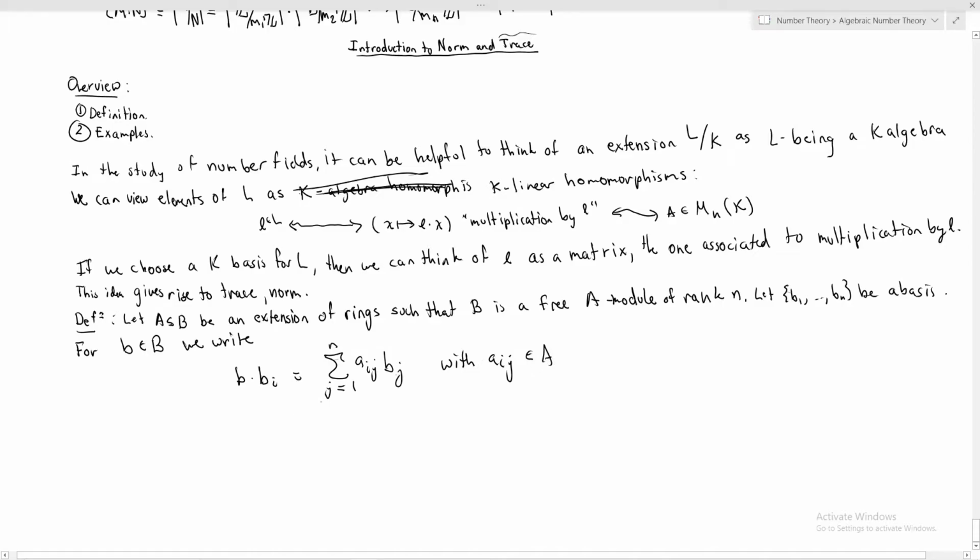We're essentially writing down the matrix of multiplication by b. So you should be thinking that this matrix aij is the matrix of multiplication by b.